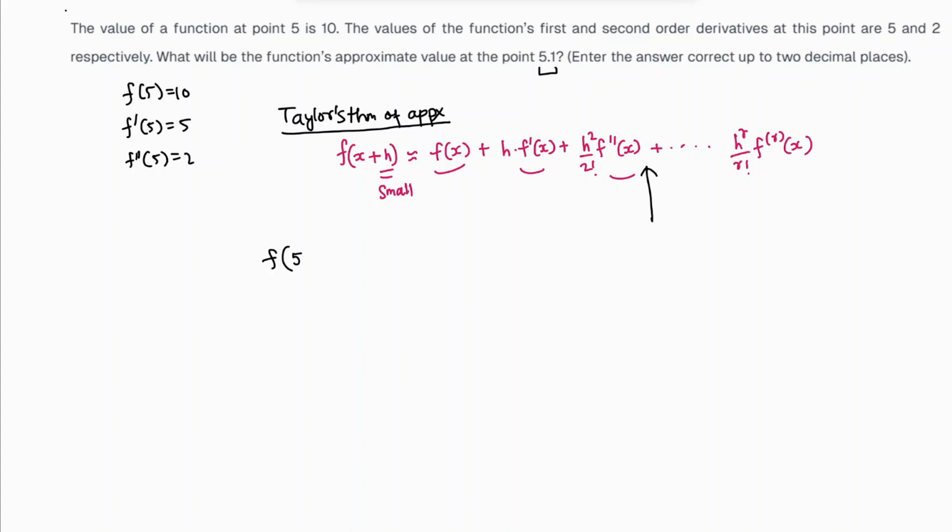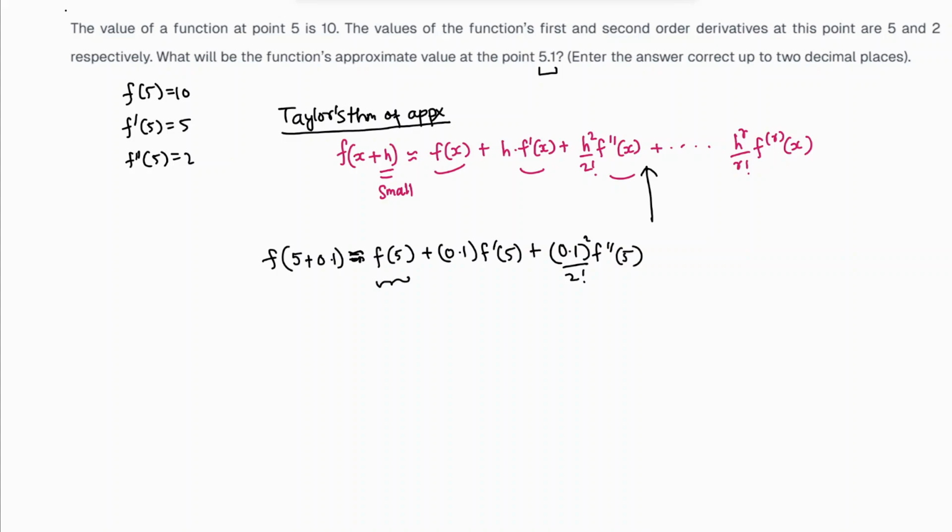So f of 5 plus 0.1 is approximately f of 5 plus 0.1 times f prime of 5 plus 0.1 whole square by 2 factorial multiplied by f double prime of 5. This is not equal, but an approximated value.